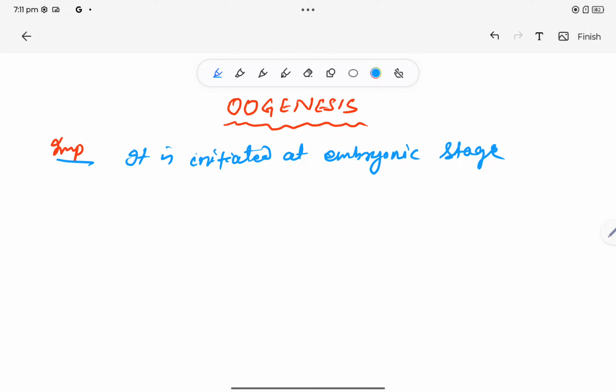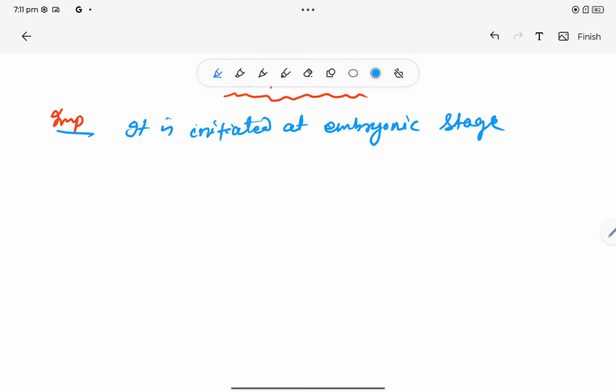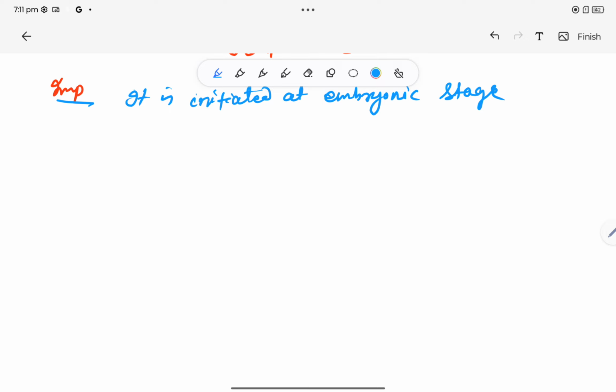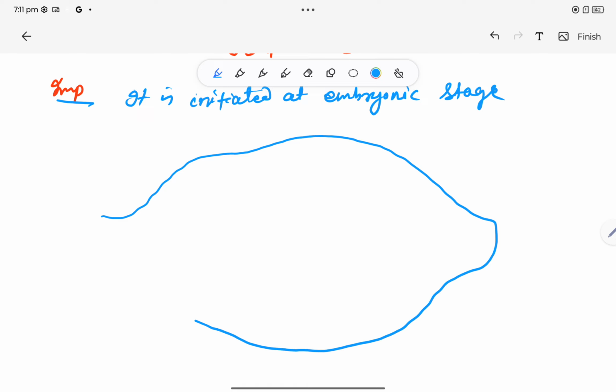Okay. So let me first explain the process, then I will explain in which stage the egg is released and all these things. It starts with the structure of an ovary.